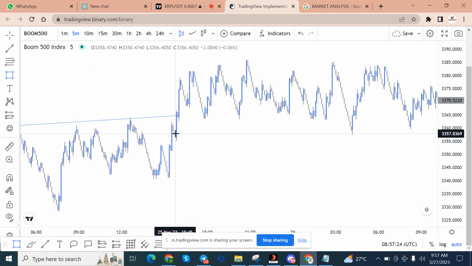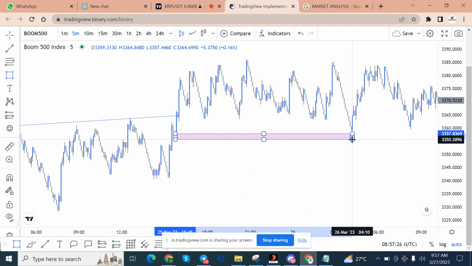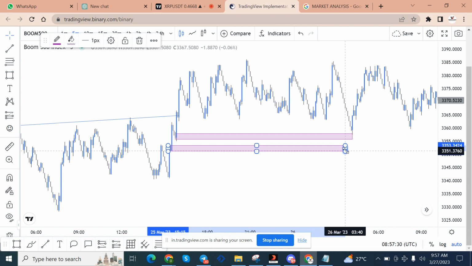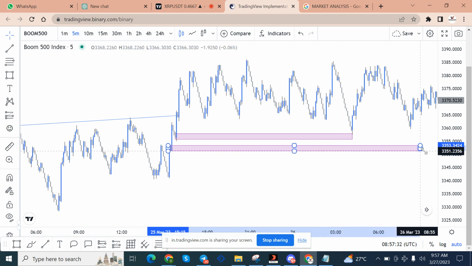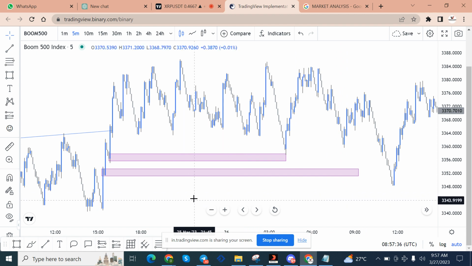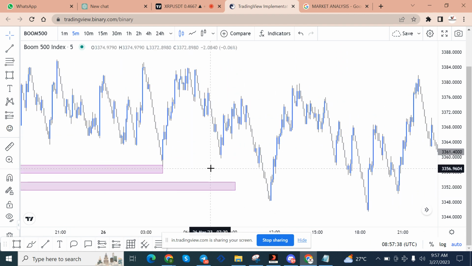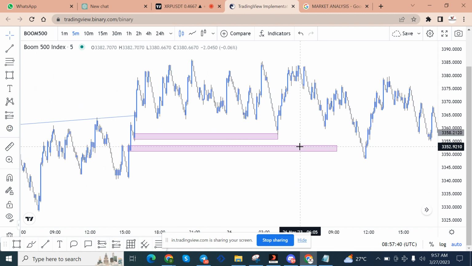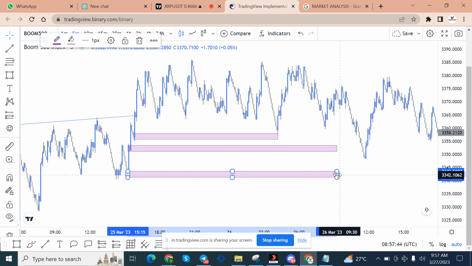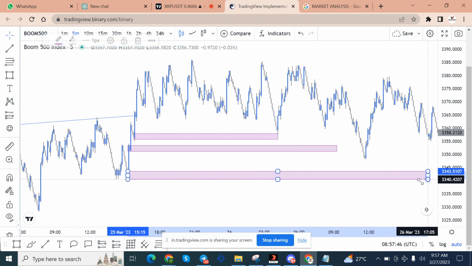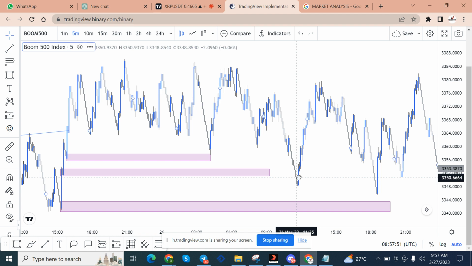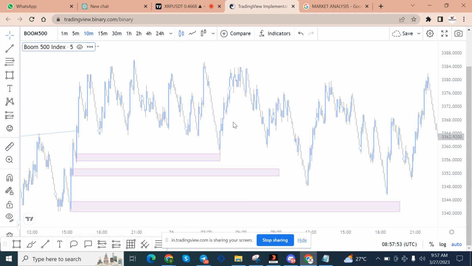So at this point, some of you might ignore this, fine, and then take entry at this point. That is also liquidity. You're setting yourself up for an ambush. So the best should actually be this one. And if you look at it closely, if we extend, unfortunately, the market didn't.